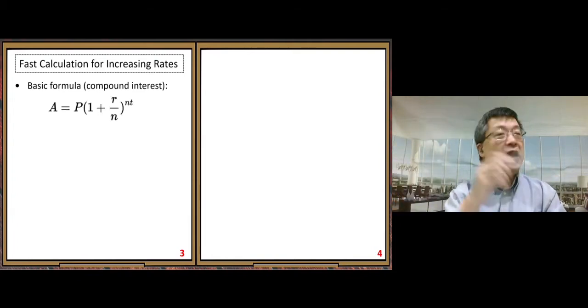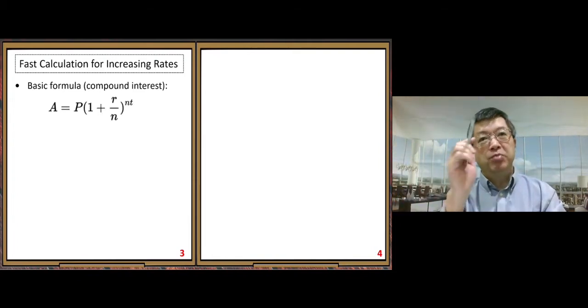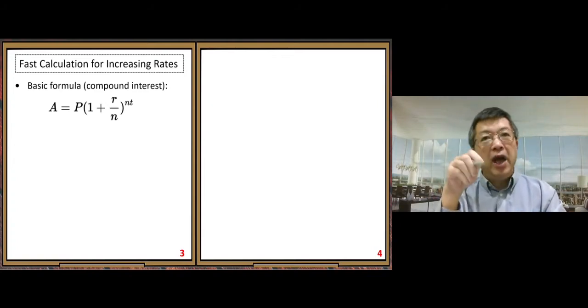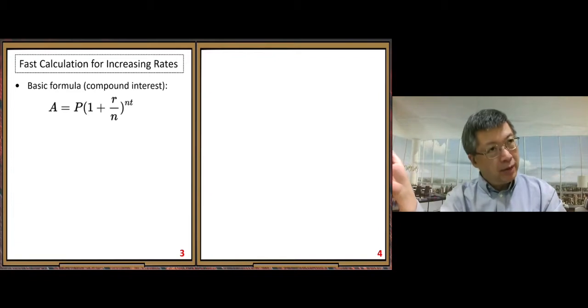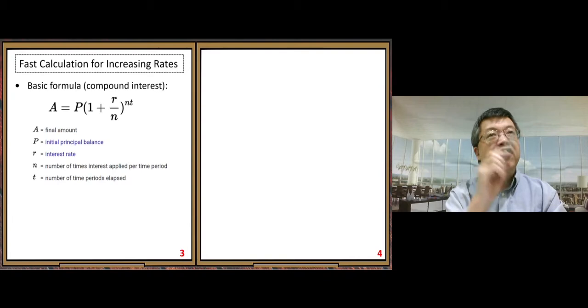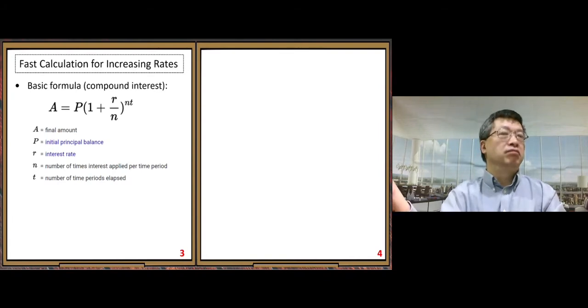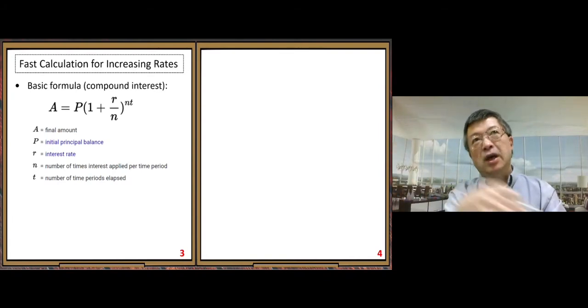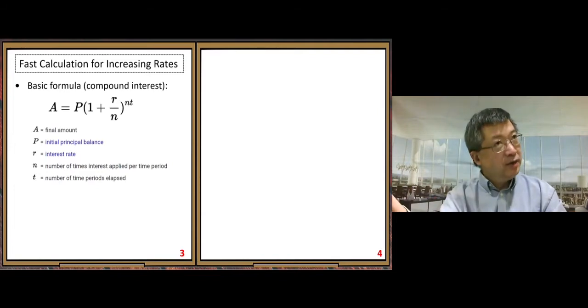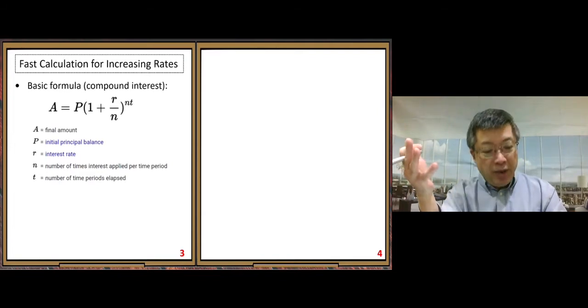The basic formula is like this: A equals P times parenthesis 1 plus R over N to the NT power. The meaning: A refers to the final amount, the investment amount, or here the transistor density amount, right?